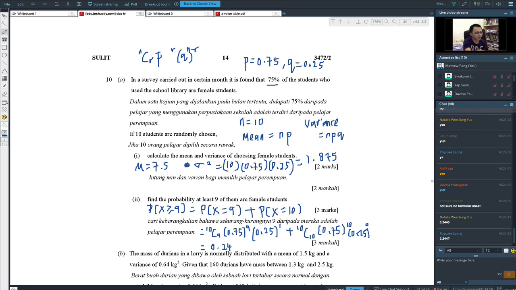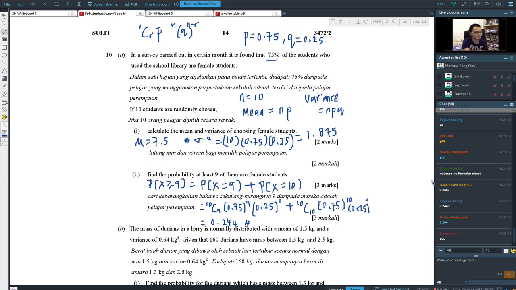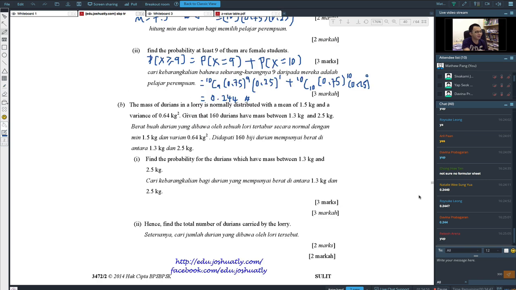Alright, so let me move on to this part. Okay, the mass of the durian in the lorry follows a normal distribution. So this question gives you mean equals 1.5 kg and variance equals 0.64 kg. Yes, the square here is wrong, it shouldn't have a square.